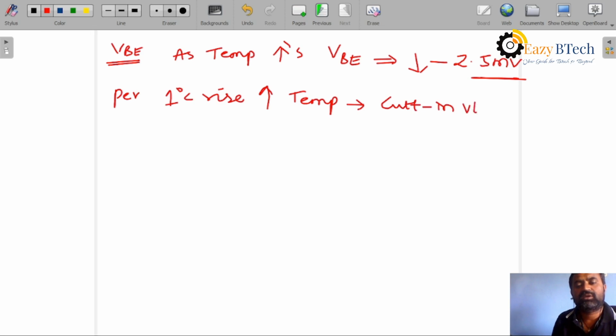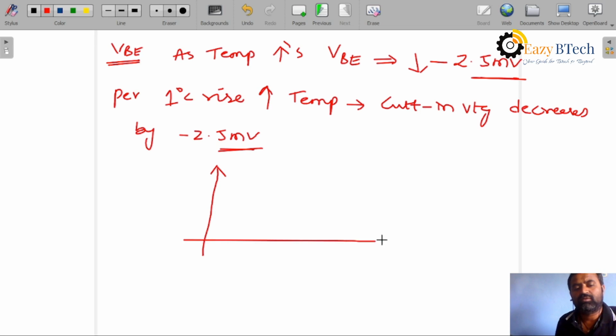Now we see this graph: this is IB versus VBE for the common emitter configuration.